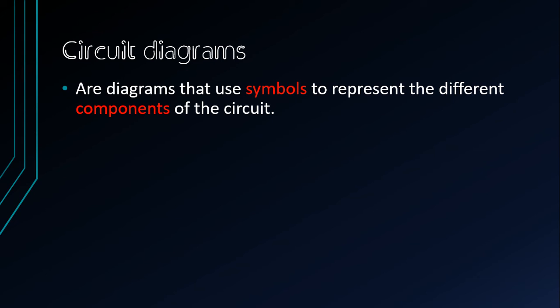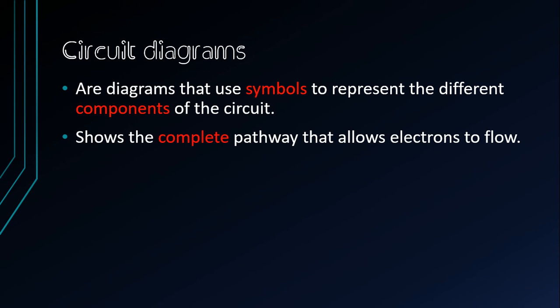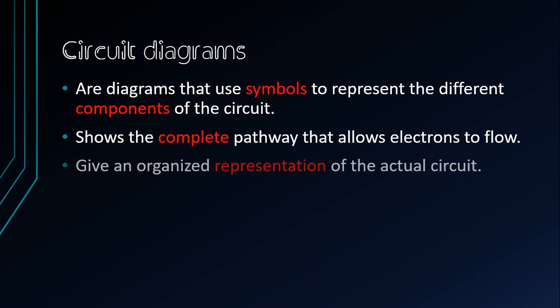It's drawn in very specific ways, and we'll just learn some simple ones. It shows the complete pathway that allows electrons to flow, and it gives an organized representation of the actual circuit. Because you might have wires that curve around things, but when we draw things, they're always at right angles. So it's an organized representation of what's happening.